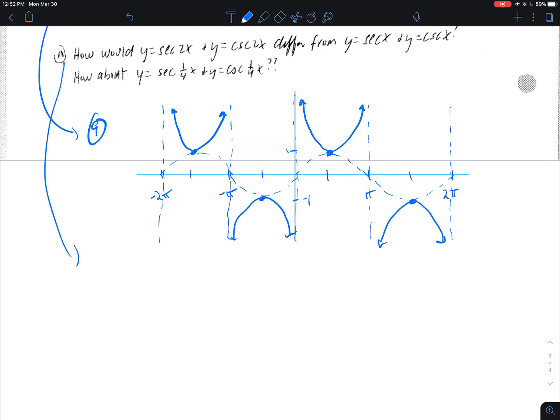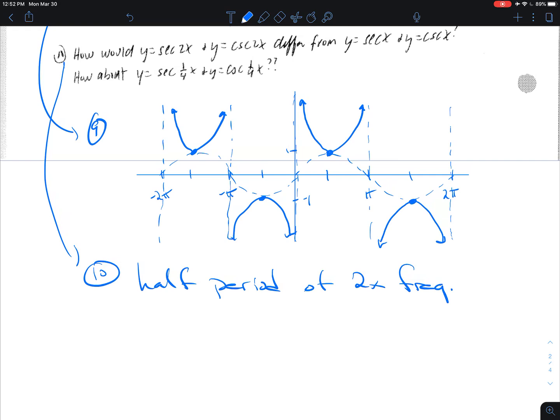Lastly, just for question 10 here, how would changing the period affect anything for secant 2x and cosecant 2x? You would say it's half the period, or you could say 2 times the frequency over the same period.